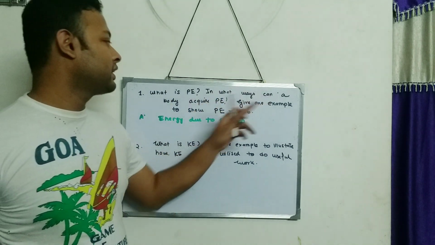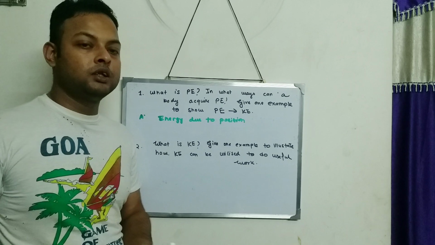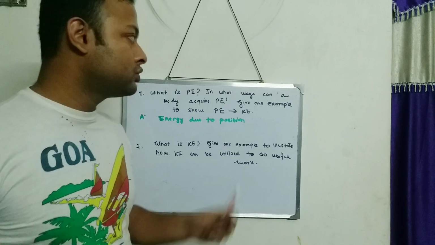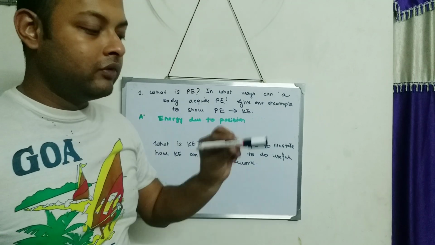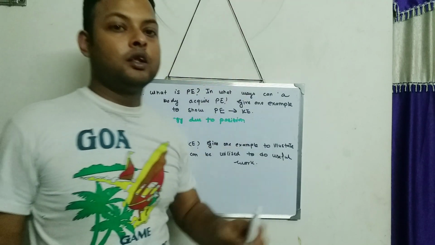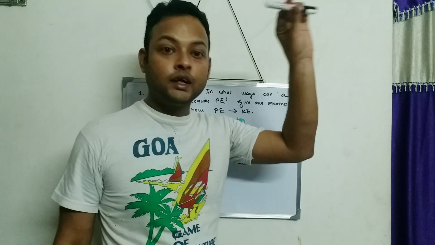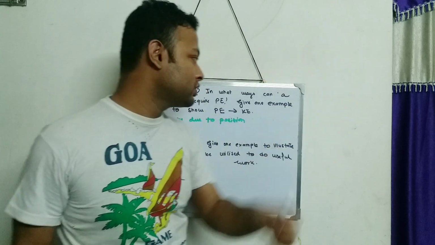In what ways can a body acquire potential energy? Suppose if you lift a body to a certain height, the body will acquire potential energy, gravitational potential energy. So this is the first way.